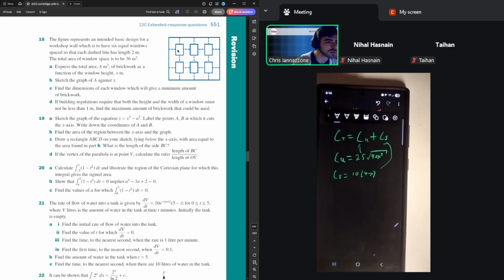We don't know the height of it, and we don't necessarily know the length of the windows either. We just know they are equal. Oh, we know the total area of the window, sorry. I'll let you guys have a think for a bit longer.